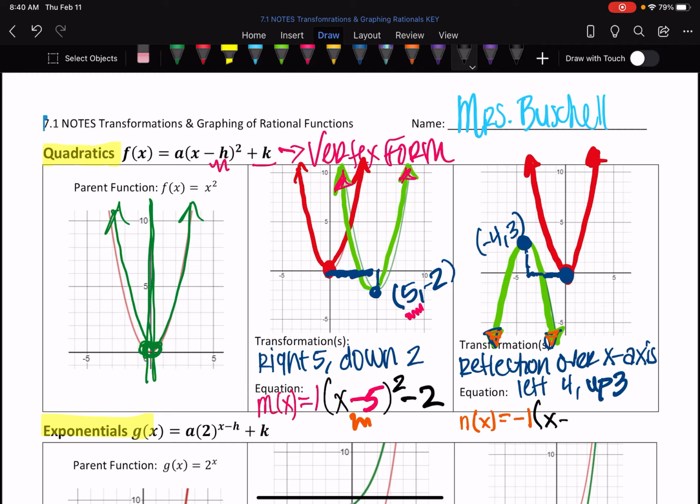In the formula, we always have a minus, so I'm going to put a minus there, and plug in the vertex: -4 and then +3. So inside my parentheses, my final formula is n of x equals -1 times (x + 4) squared + 3. That's why we're doing the opposite, because your formula always has that negative.